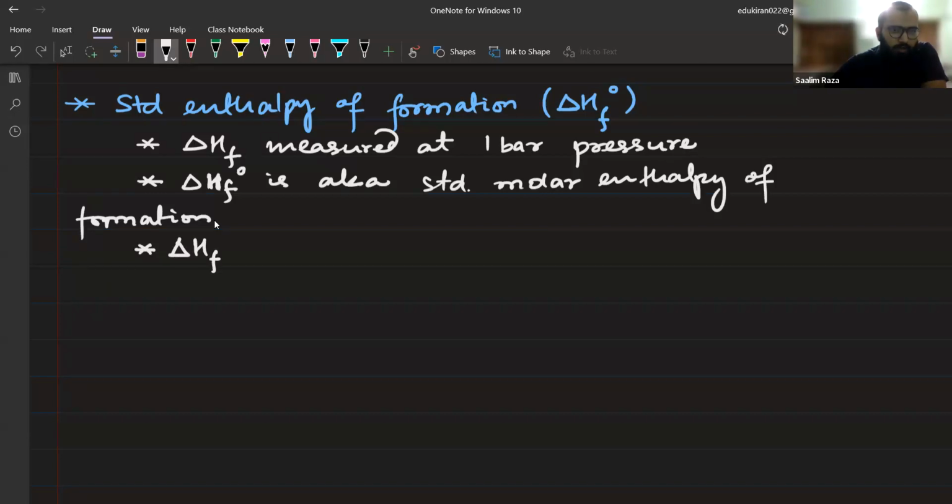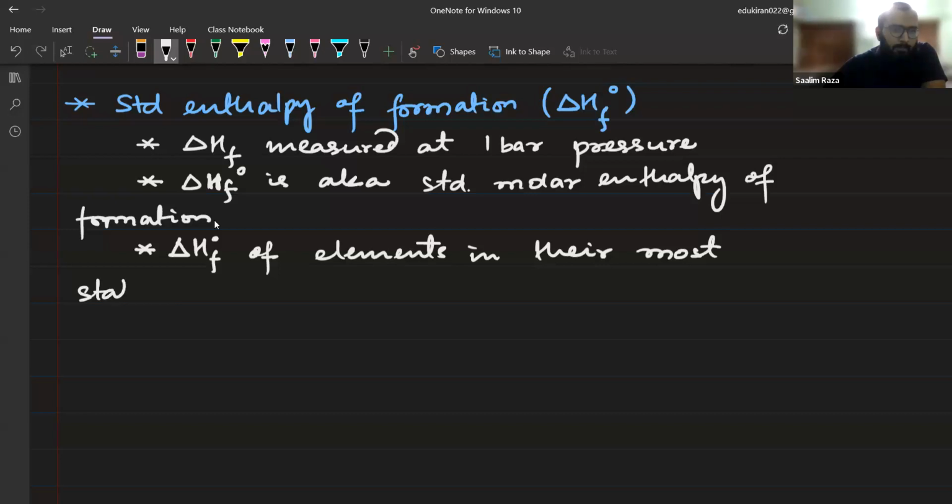Delta HF naught, that means standard enthalpy of formation of elements in their most stable state, is taken as 0. क्या मतलब हुआ?